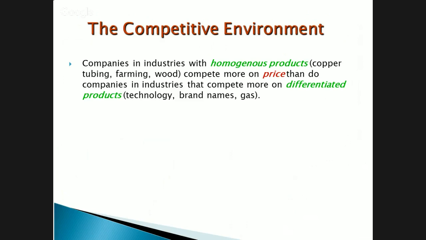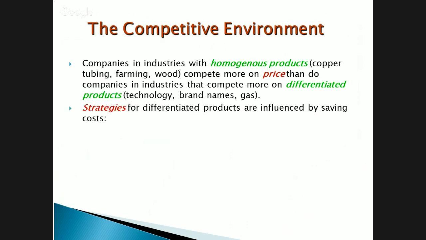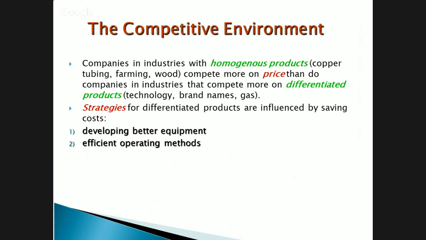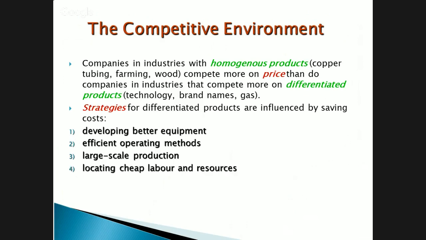So they compete more on price, and companies with differentiated products like technology, brand names, and gas have to compete more on developing better equipment to get their costs down. They have more efficient operating methods, large-scale production, which is a more efficient operating method, or locating cheap labor and resources, such as going overseas.